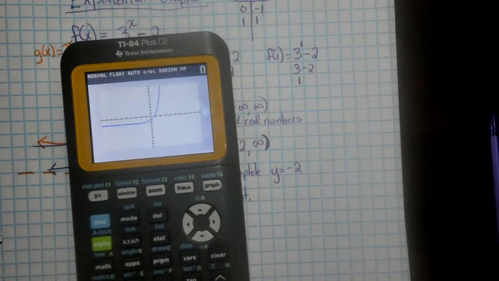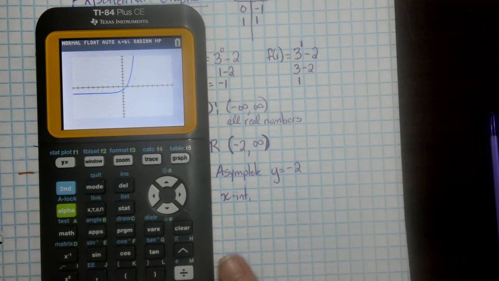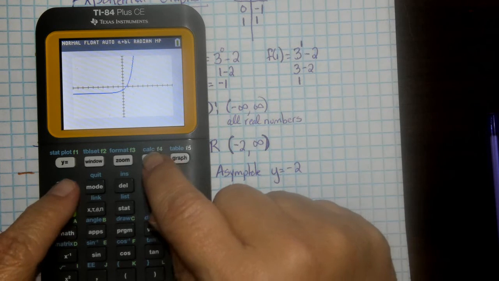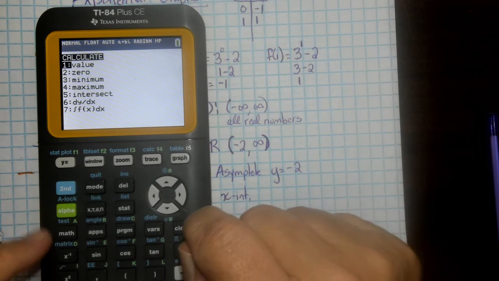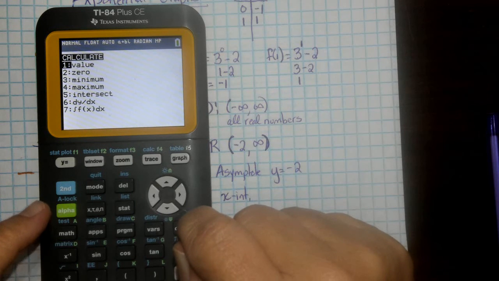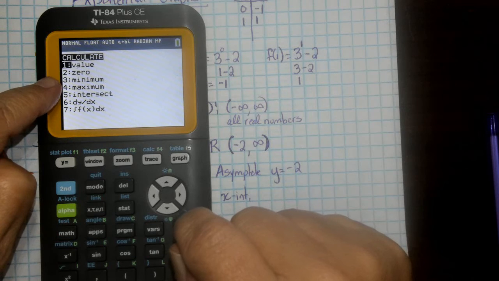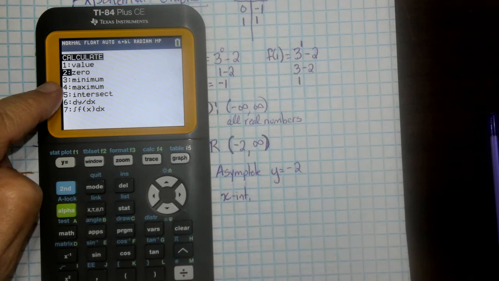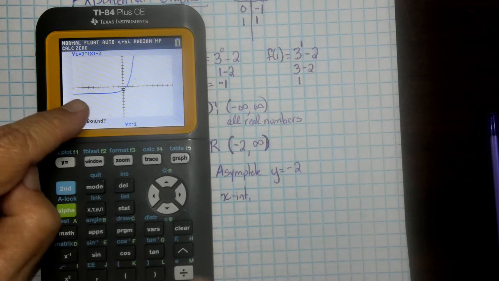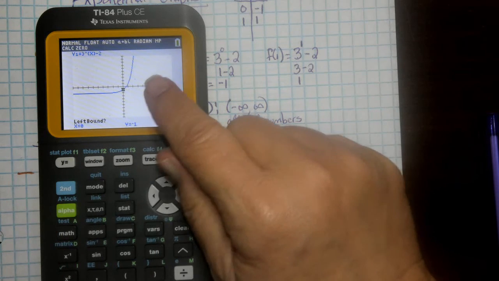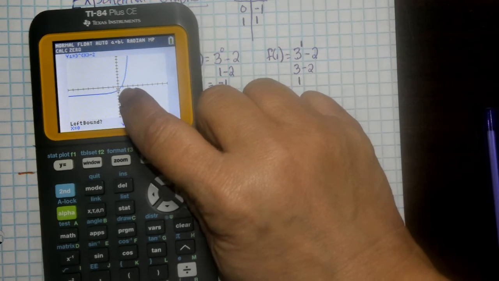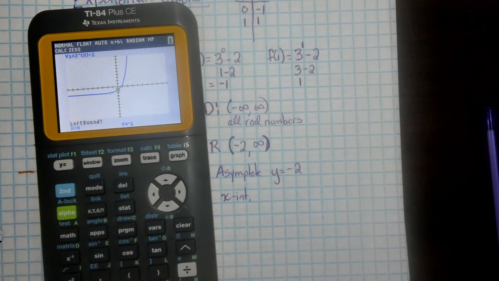Alright, and I would like the calculator to tell me my x-intercept. So you see on top of the word trace it says calc. So I'm going to do second calc. And I want to know my 0, right? An x-intercept is a 0. So go down to number 2. Now I have to be on the left of the x-intercept and hit enter.